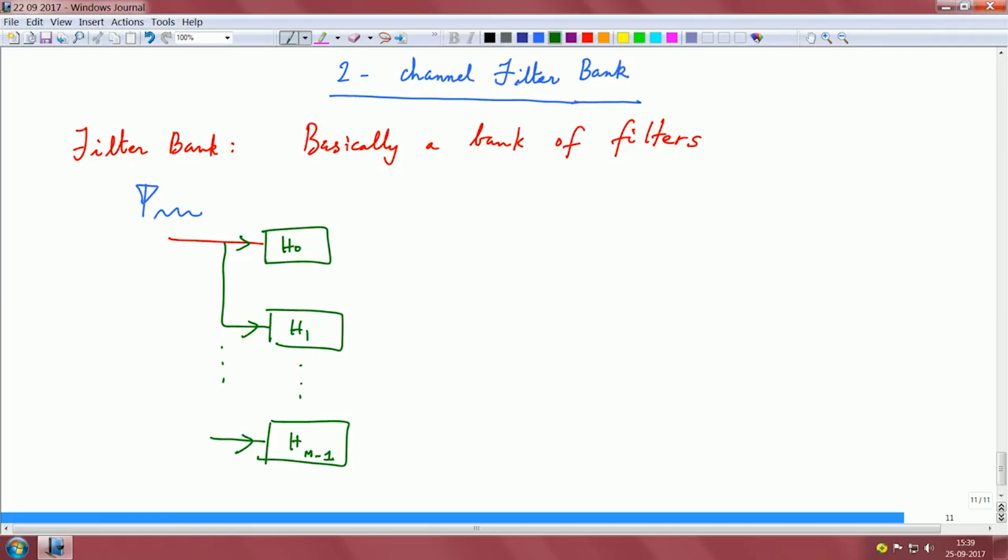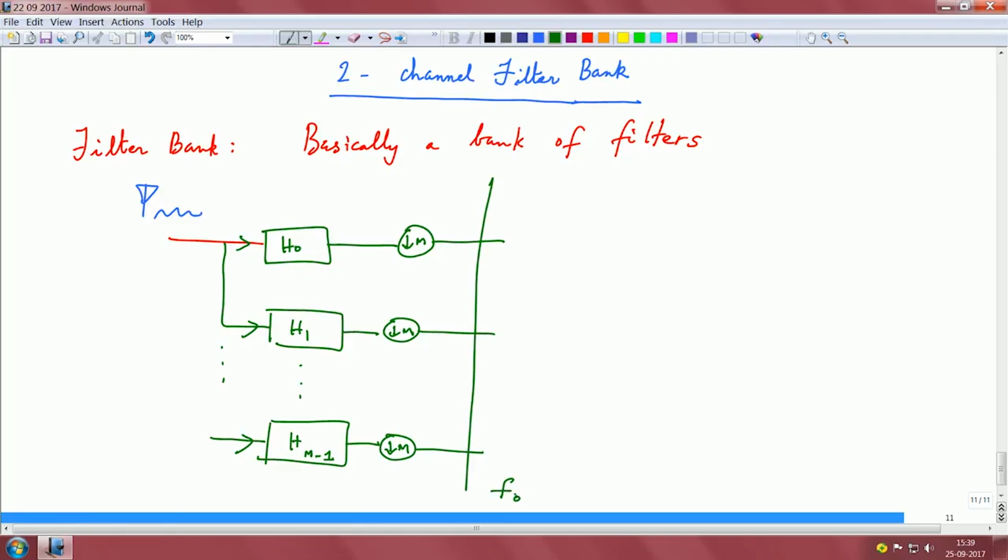So you have M such filters, and the input rate is Fs, and here I might want to downsample by M, such that the sum rate here is still Fs.